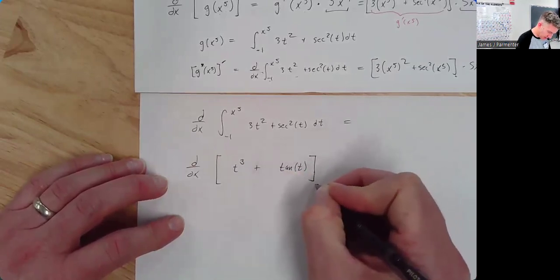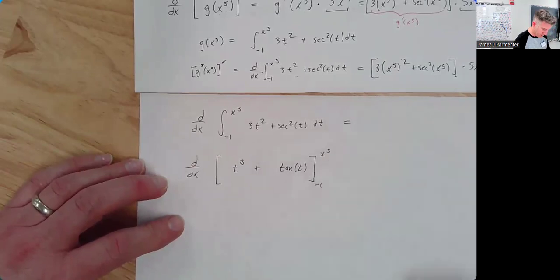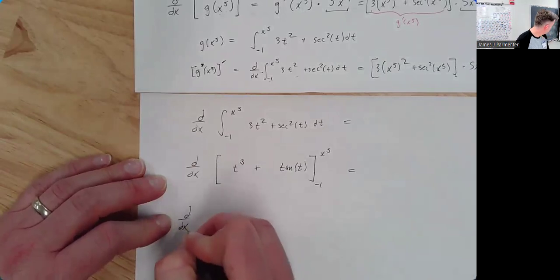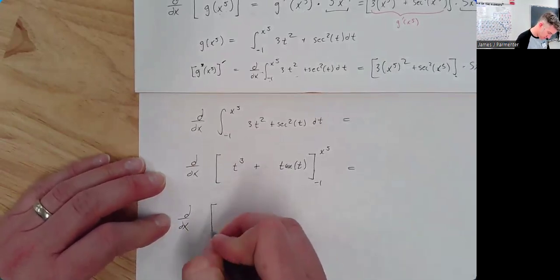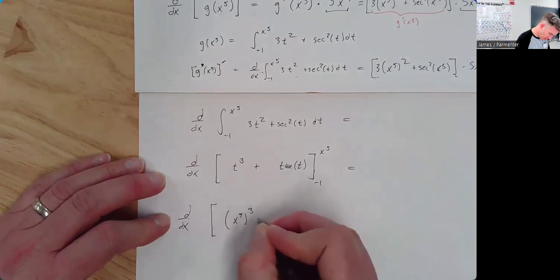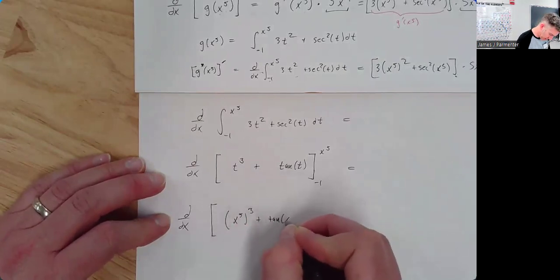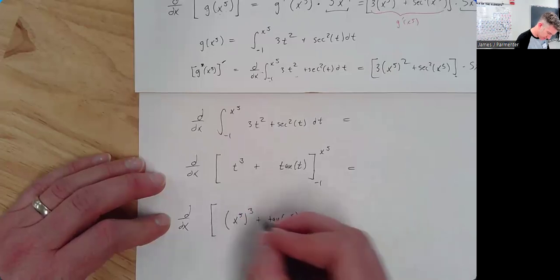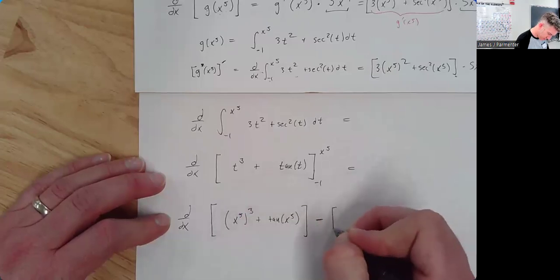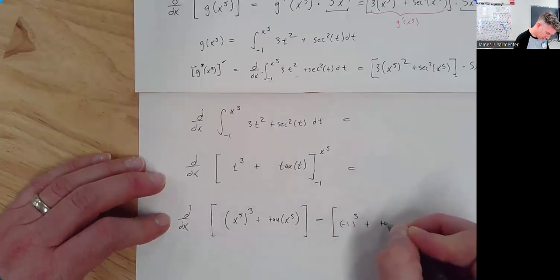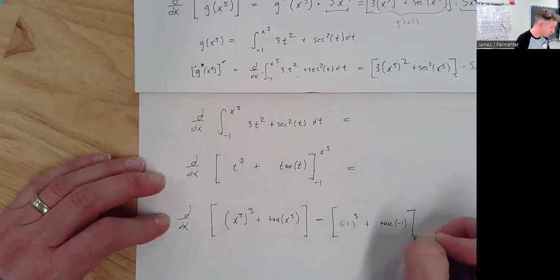Evaluated between -1 and x to the fifth. So we're going to plug those in. We're going to get the derivative of x to the fifth cubed plus tangent of x to the fifth, minus -1 cubed plus tangent of -1.